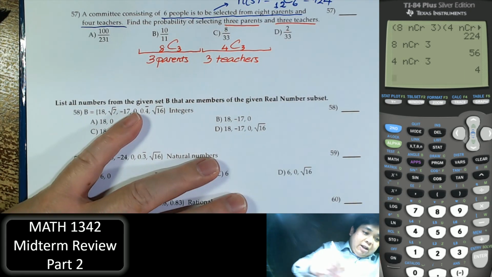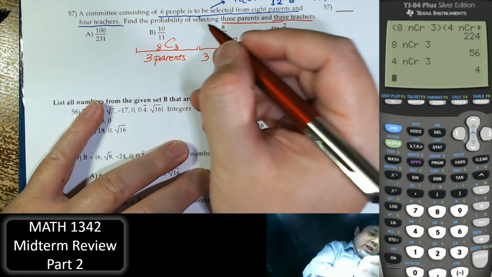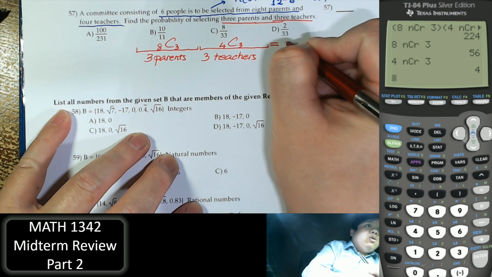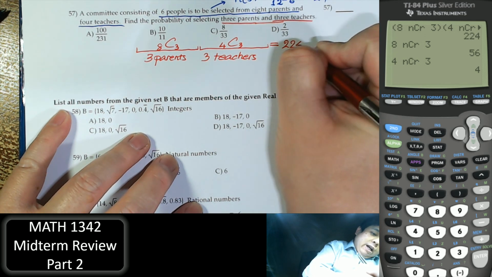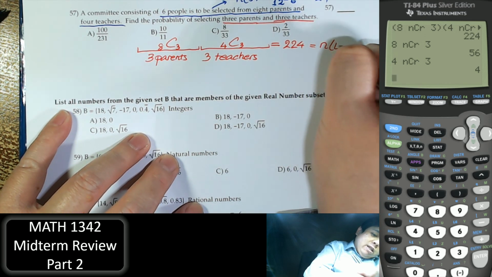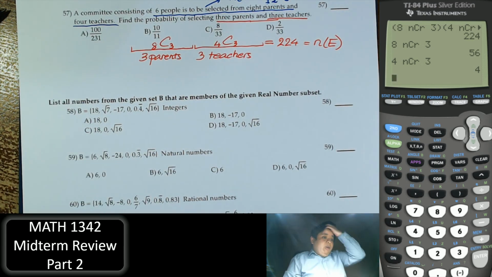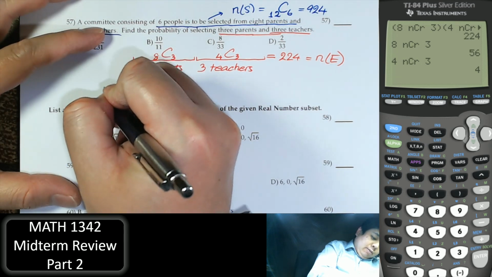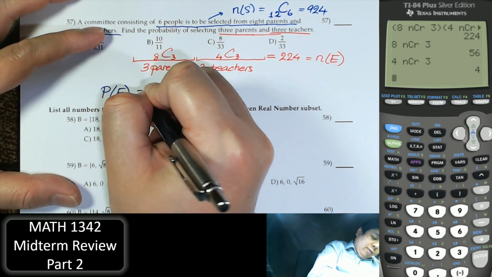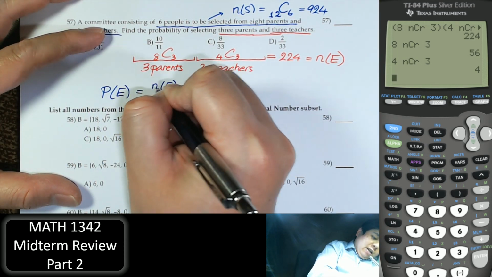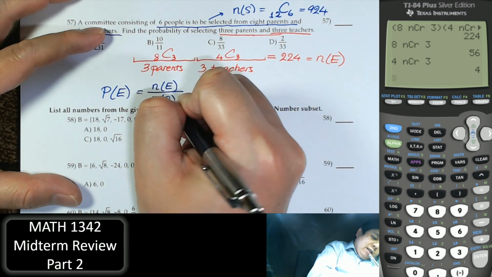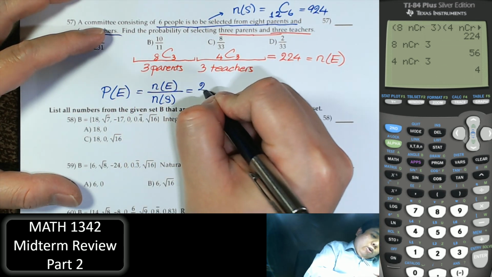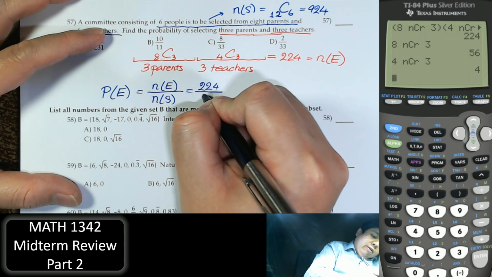So this is the event of 3 parents and 3 teachers equal to 224, and that is the number in the event. There are 224 different ways to do that. So the probability of getting that event is N of E divided by N of S, and there are 224 out of 924.